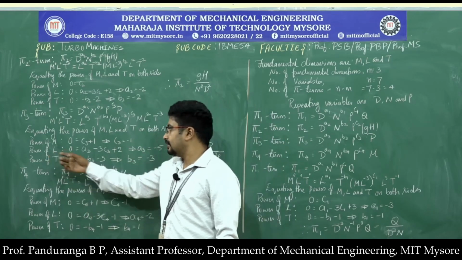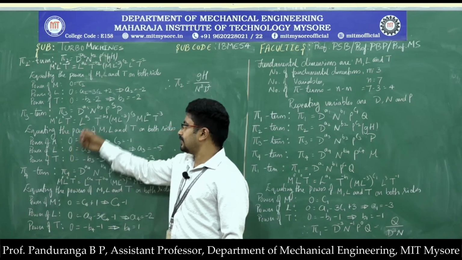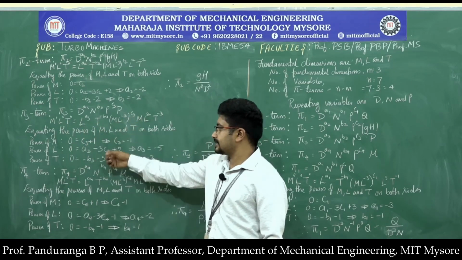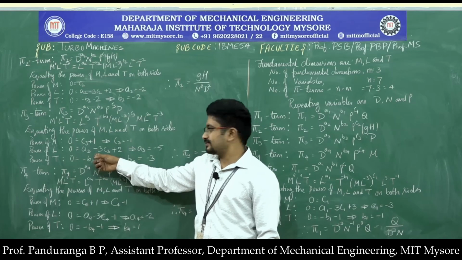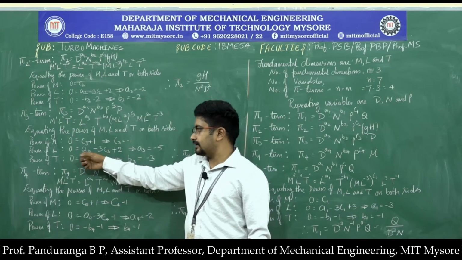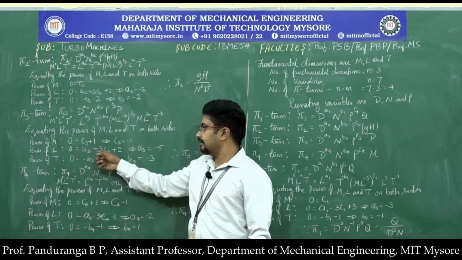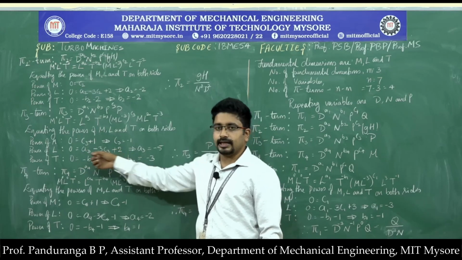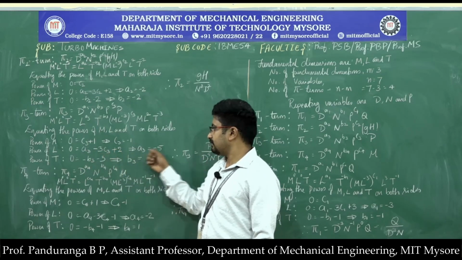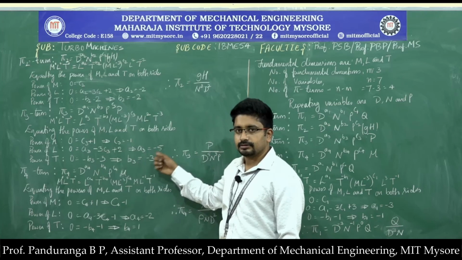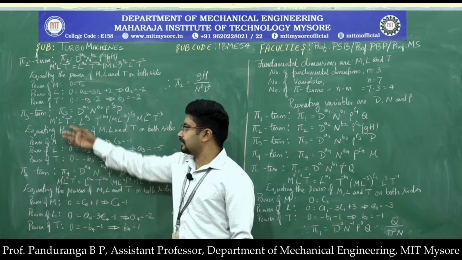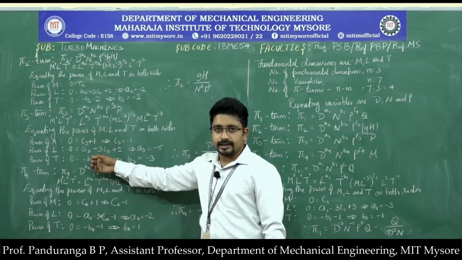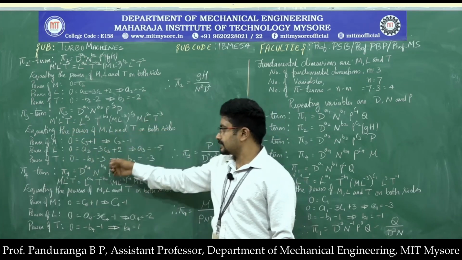Then power of l, 0 will be equal to a3 minus 3c3 plus 2. c3 is minus 1. So when I substitute that here, 0 will be equal to a3 plus 3 plus 2, that is a3 plus 5. So a3 will be equal to minus 5. Then the power of t, 0 will be equal to minus b3 minus 3.